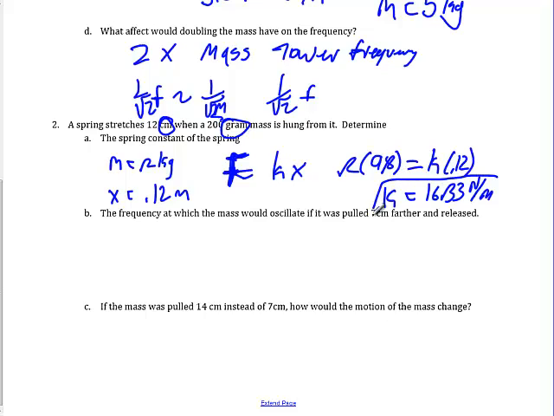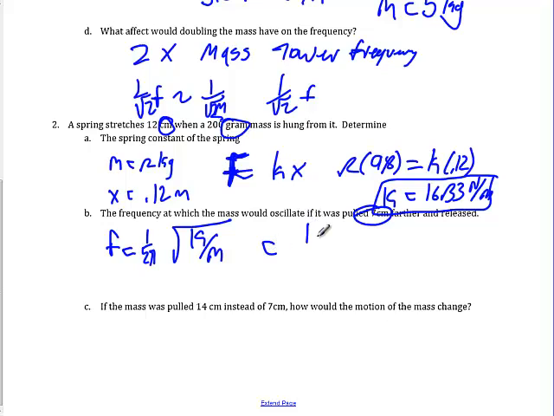Stop forgetting units. Now the frequency at which the mass would oscillate if pulled 7 centimeters. This has absolutely nothing to do with the problem. That's telling me the amplitude. Frequency doesn't depend on amplitude. Frequency is 1 over 2 pi times the square root of k over m. You just found k and I told you m.